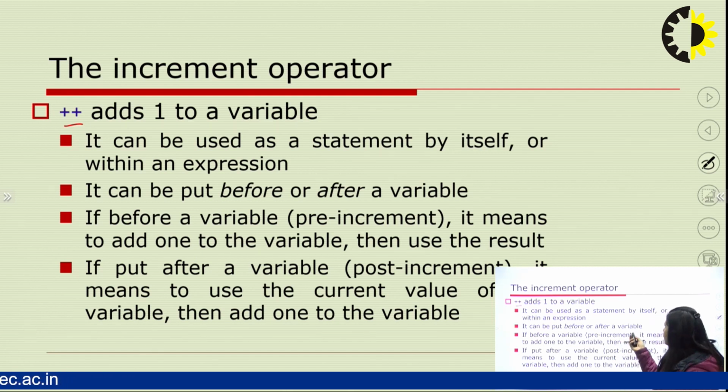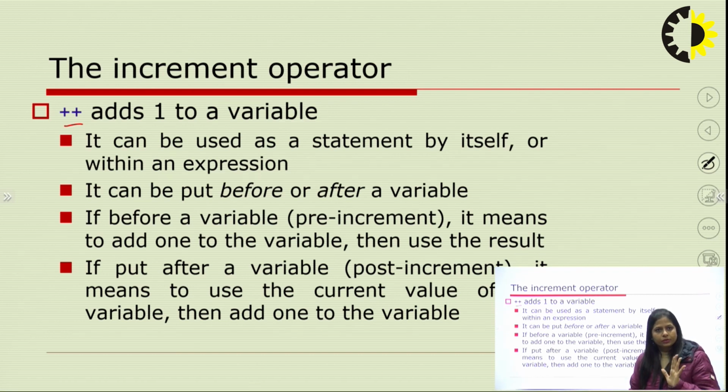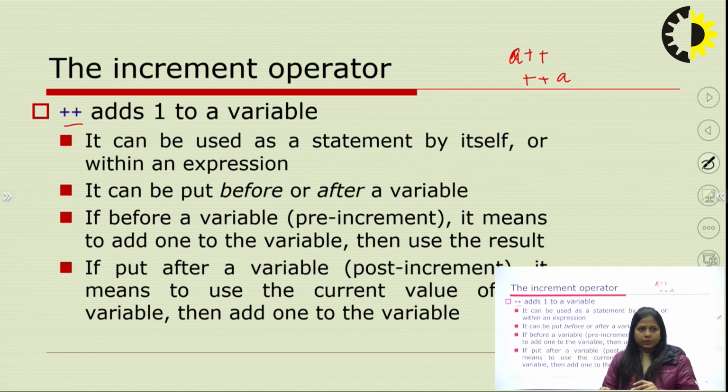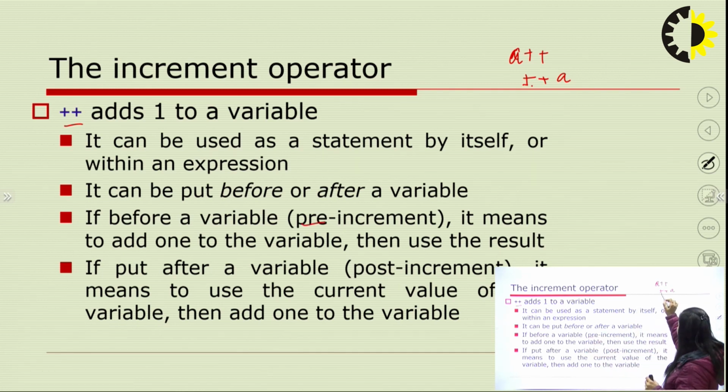It can be used as a statement by itself or within an expression. It can be put before or after a variable, either a plus plus or plus plus a. Accordingly, we call them pre-increment and post-increment. Before a variable we say pre-increment, after a variable we say post-increment.